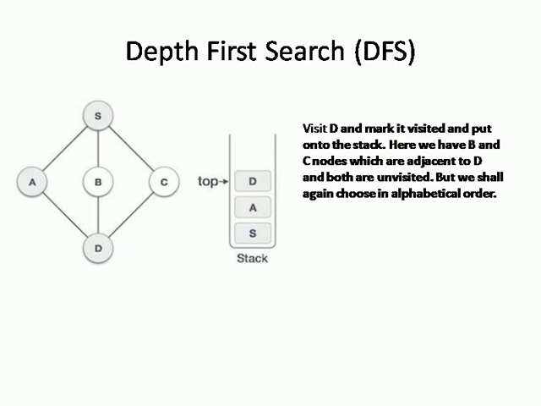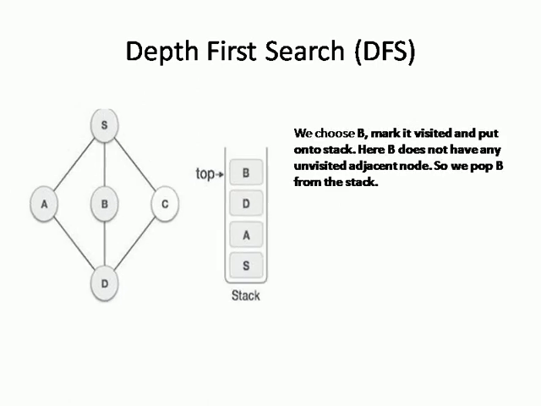Now again we go back to S and find the nodes which are not visited from S. Those are B and C. We shall choose any one among B and C, by alphabetical ordering of the nodes. So we selected B. Node B is visited, marked as visited, then we push the node B onto the stack.